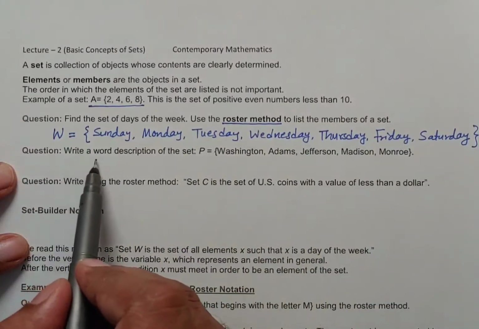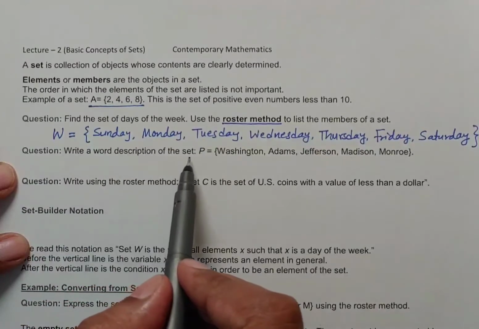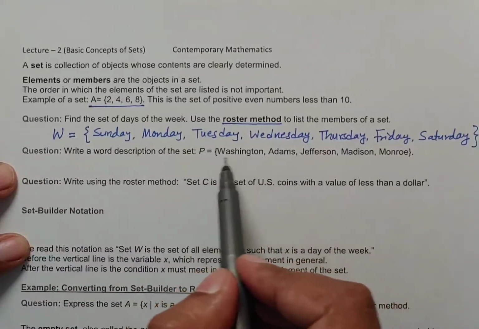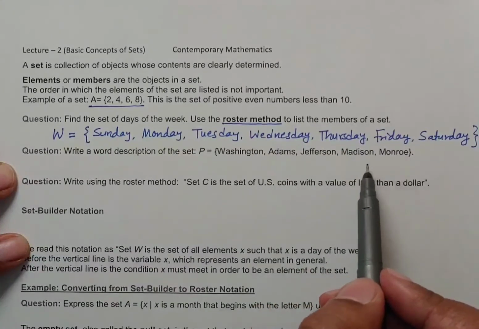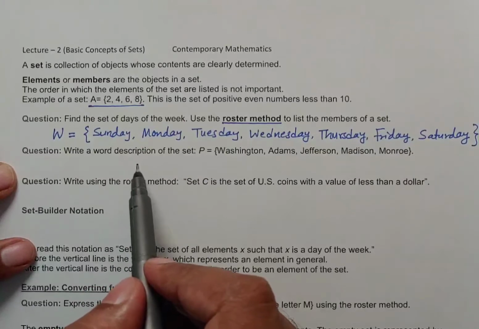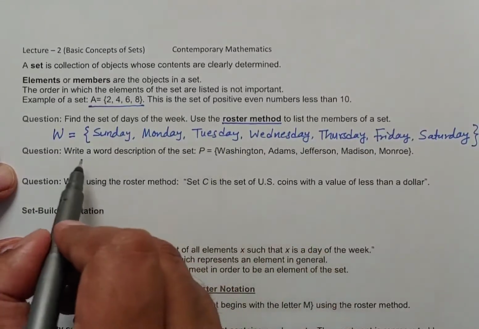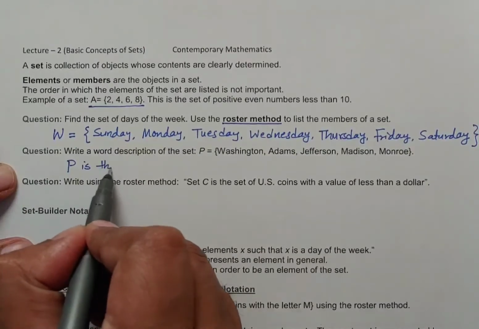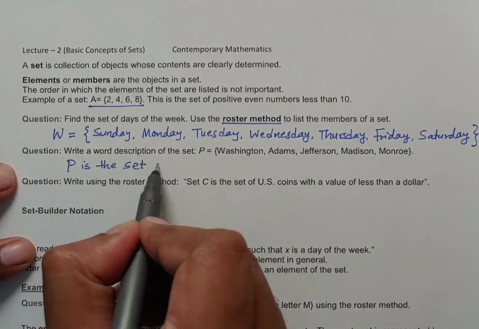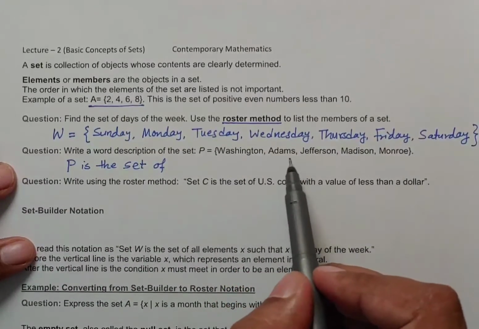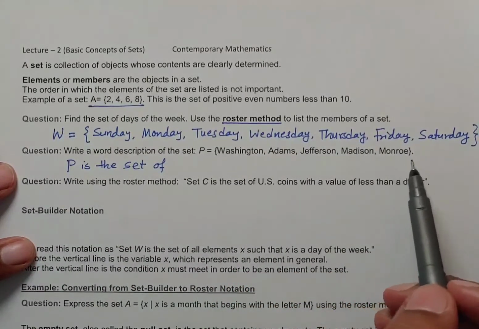Now write a word description of a set. Now this set is given in roster method, and we need to write it in word description. P is the set of Washington, Adams, Jefferson, Madison, Monroe.